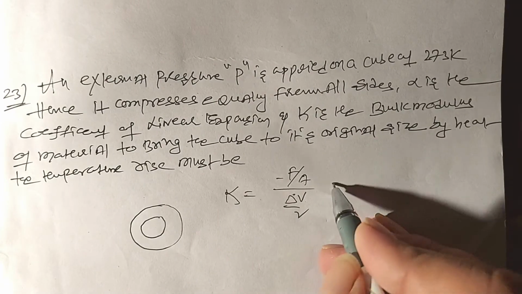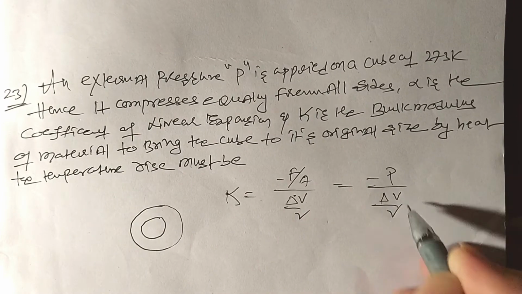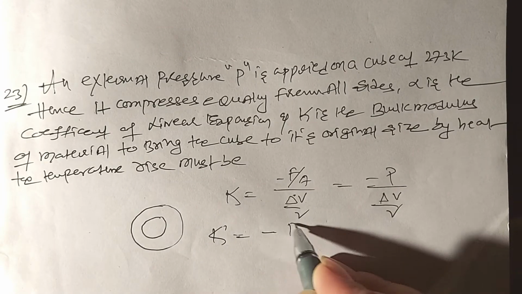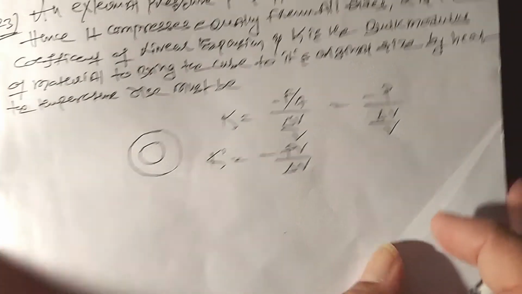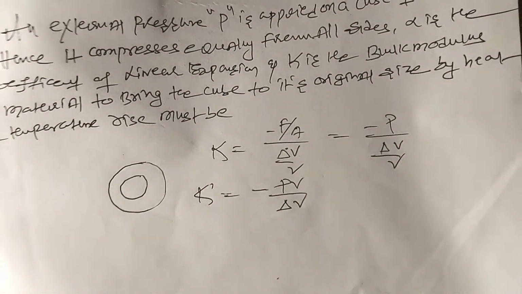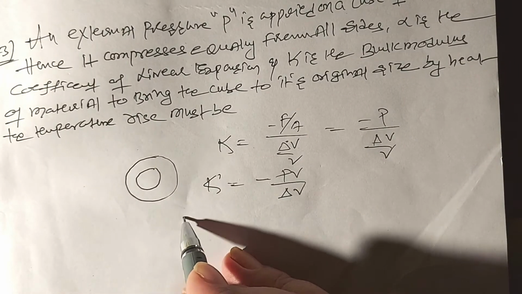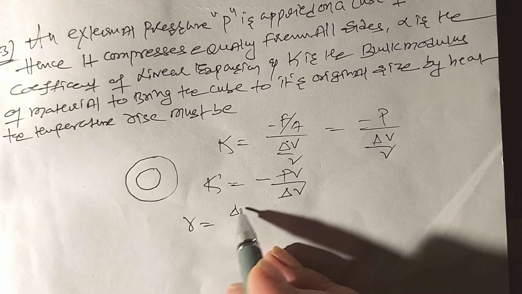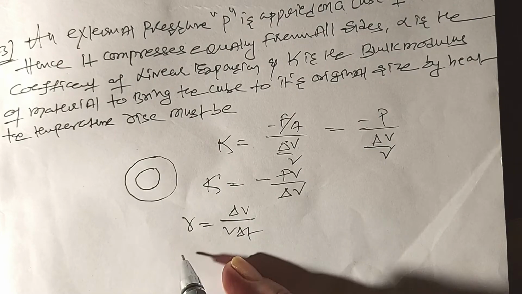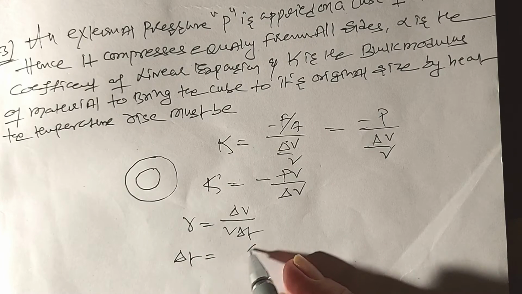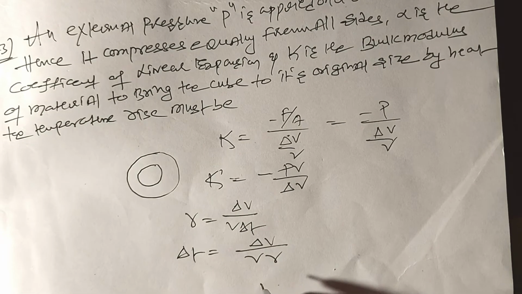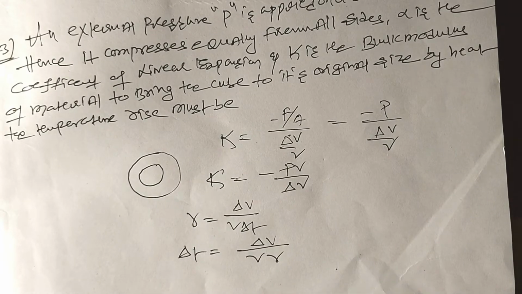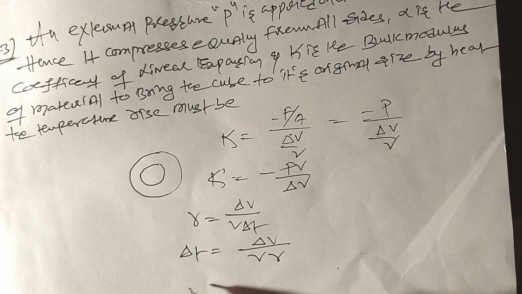So here that is equal to minus P by delta V by V. So K is equal to minus PV by delta V. We know that gamma is equal to delta V by V into delta T. Delta T is equal to delta V by V into gamma. Okay. So here delta V by V.